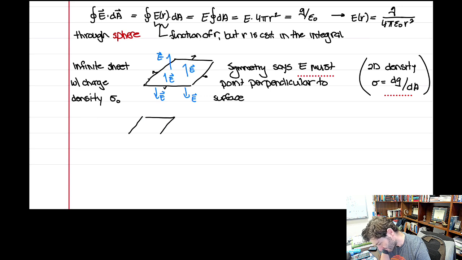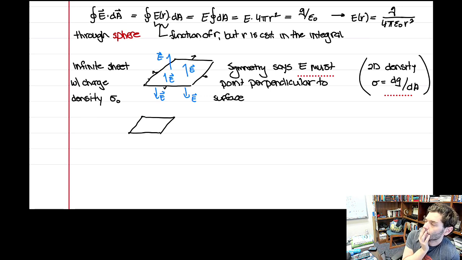Here's the sheet again. This thin sheet. It's a two-dimensional sheet in a sense, or imagine tiny, tiny thickness. The surface I should use, again, I want to pick a surface such that the electric field is either going to be uniform through a side of that surface, or the flux is going to be zero, because either E is zero or E is perpendicular to the surface.